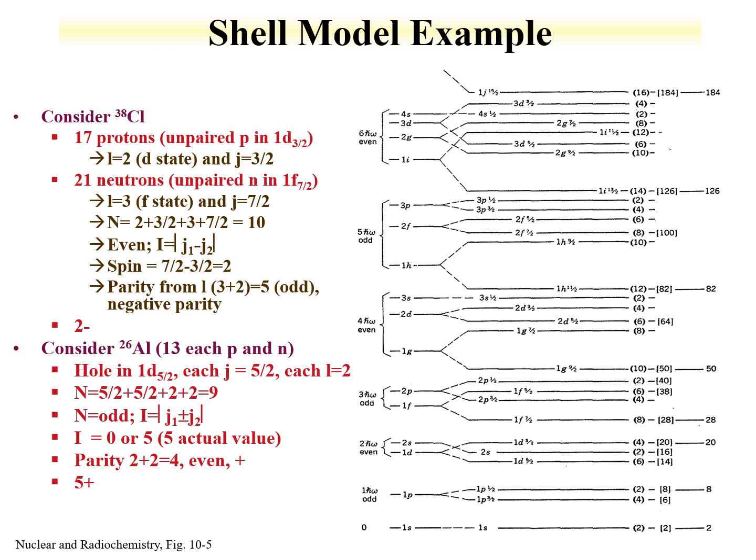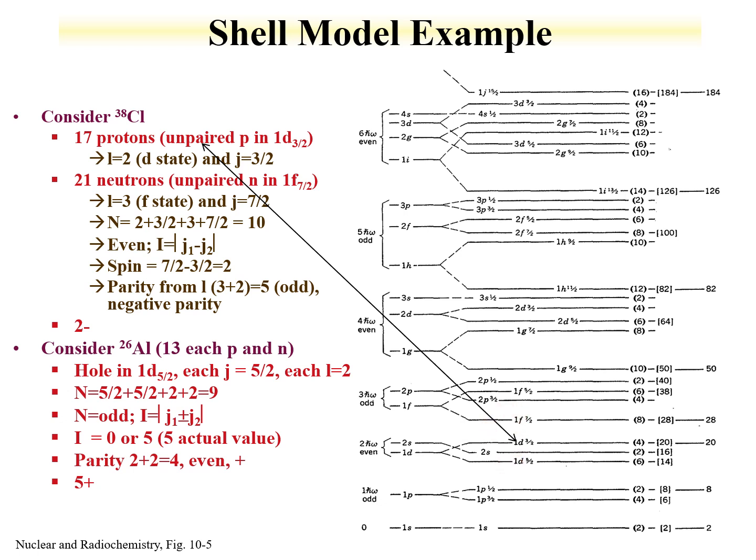For an example of the Nordheim number for an odd-odd nucleus, let's consider chlorine-38. Chlorine-38 has 17 protons and 21 neutrons. The 17th proton is going to live in the 1d 3/2 state. So the L is d, right?